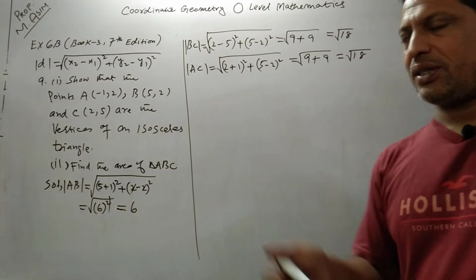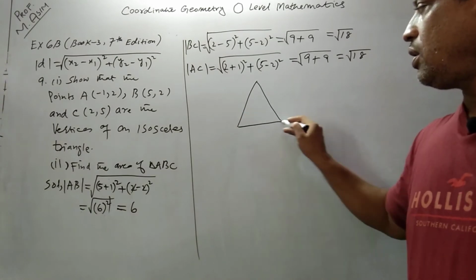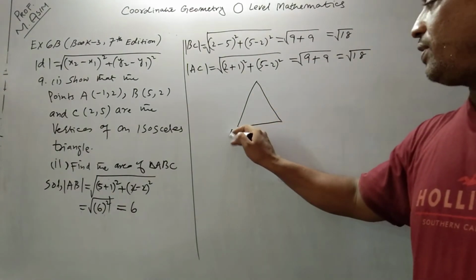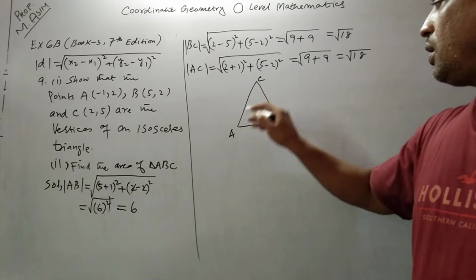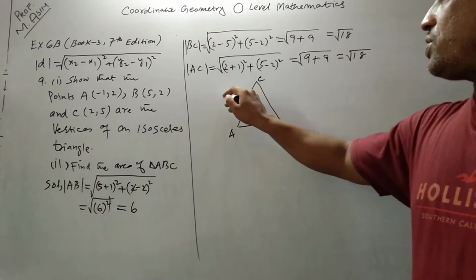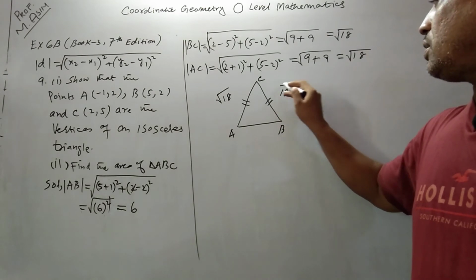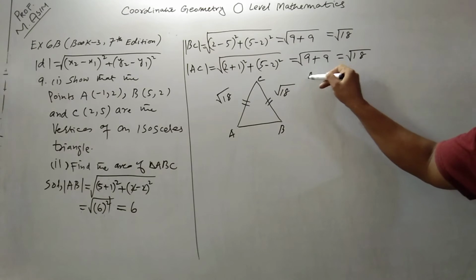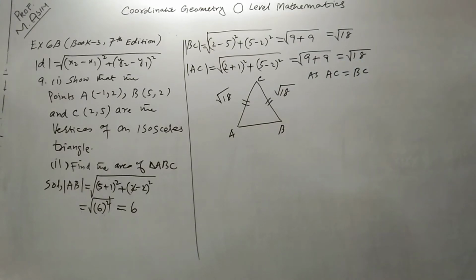So if we plot a diagram, just roughly plot, not on a scale. AC and BC are equal, you can say this is AC, which is equals to root 18. This is BC, you can say. Hence, here we will write that AC is equals to BC.